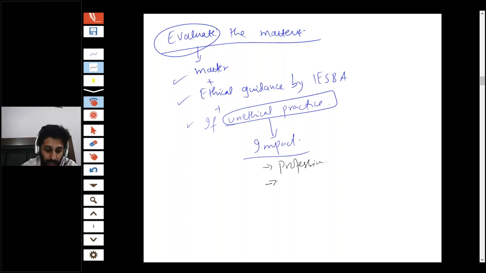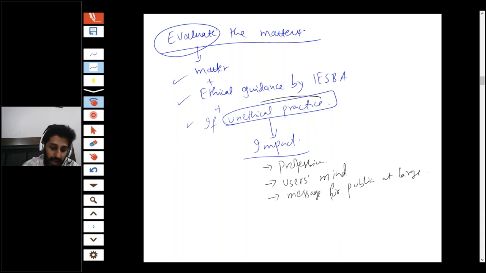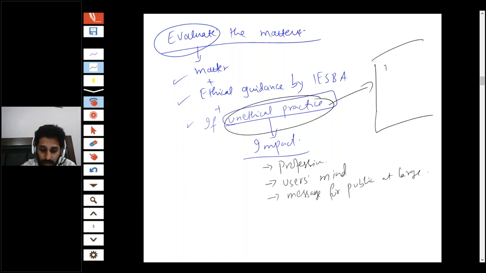The impact on the profession, the impact on the user's mind, the impact of the message for the public at large. And for unethical practice, you should refer to the ethical threats.